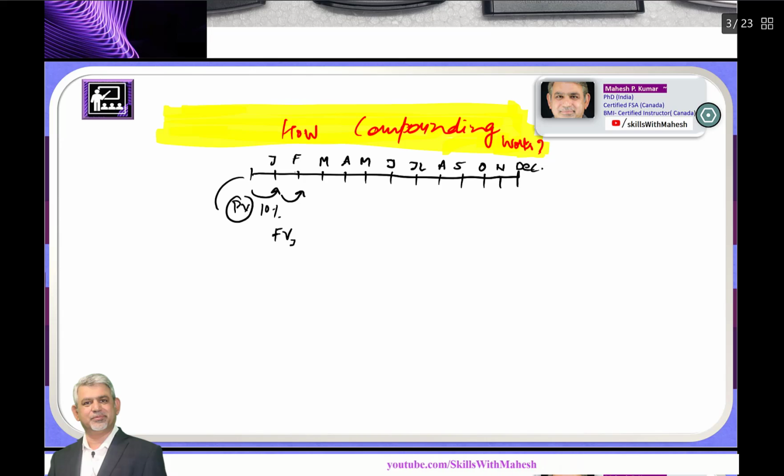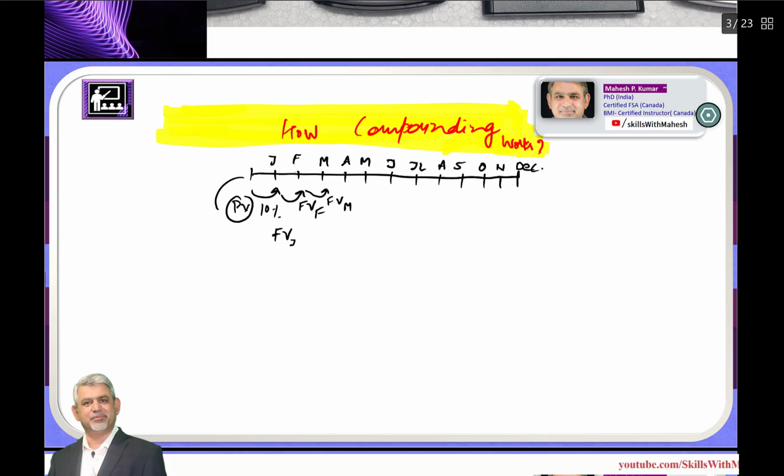Then we will calculate the future value at the end of the month, which is the first month, January, right? Now this value will be used to calculate the interest for the second compounding period, and then we will calculate the future value at the end of February. Now this will become the base value, and then we will calculate the future value at the end of March.